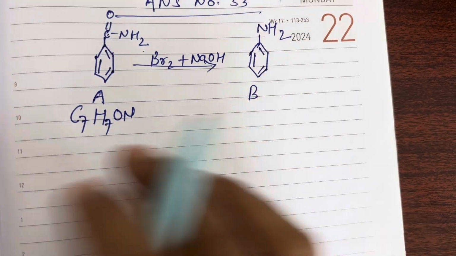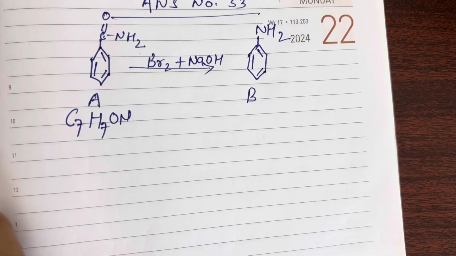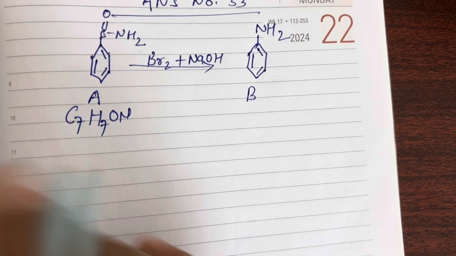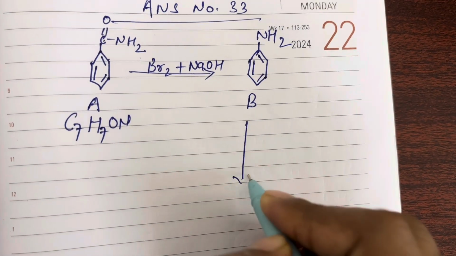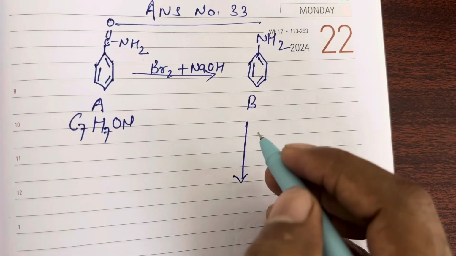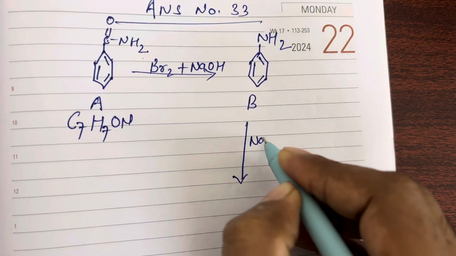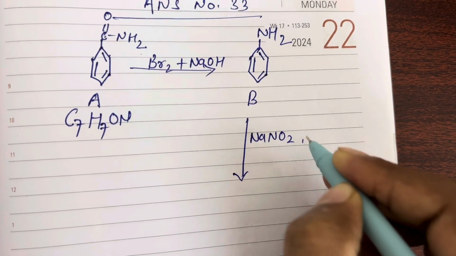And B on treatment with nitrous acid at 273 to 278 Kelvin forms C. What is the formula of nitrous acid? NaNO2 and HCl.